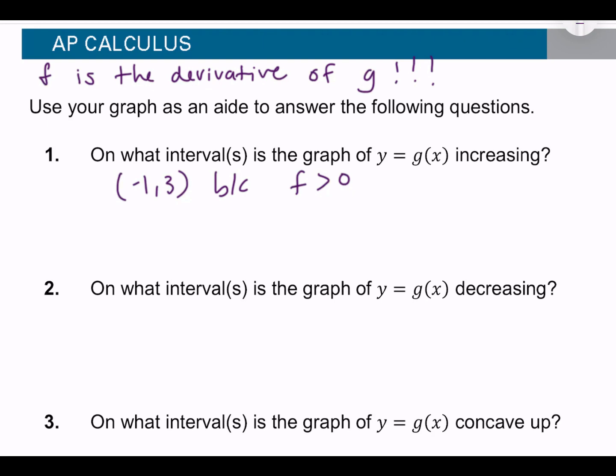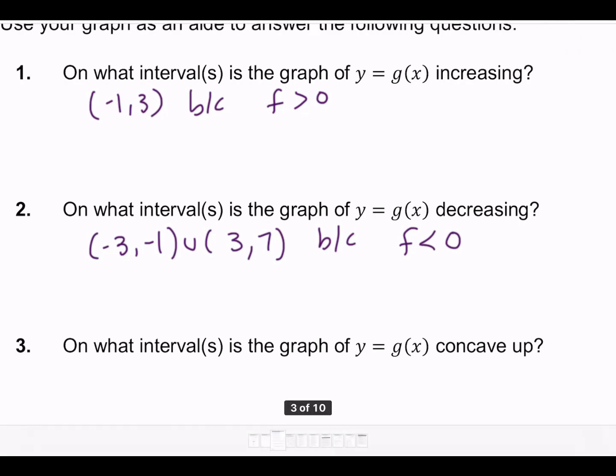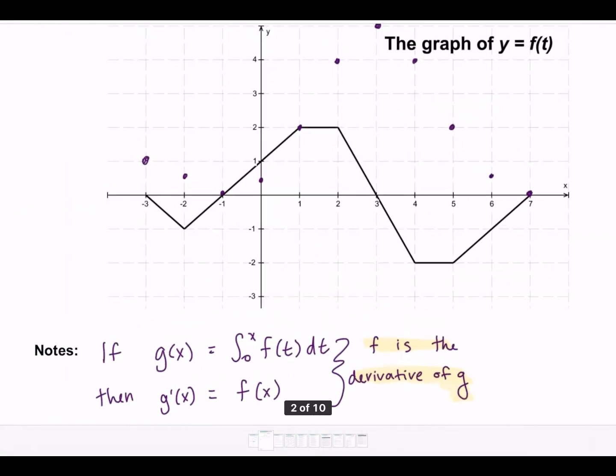Okay? And then on what intervals is the graph of g decreasing? I will say from -3 to -1 in union with 3 to 7, and that's because f is less than 0. F is negative. So if I flip back here, that should check out.